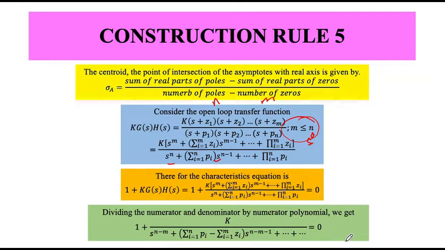Now I am looking again. My axis s is here, and my test point s naught is here at infinity. If the test point is very far, it means I am looking at a very large value of s, so I can do my analysis with just these two terms. The remaining terms contribute very little when looking at really large values of s.